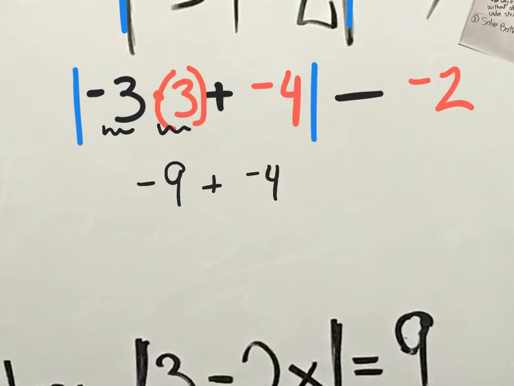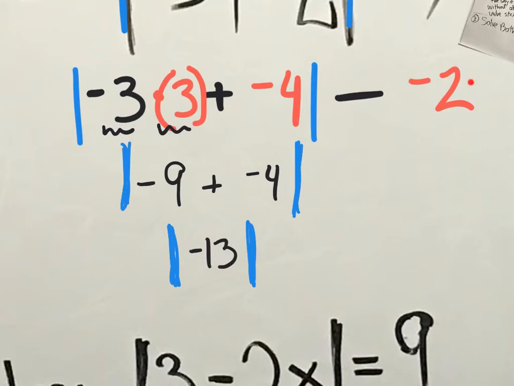And of course, we have absolute values still around this. And -9 plus -4, that's going to be -13, correct? So we have the absolute values of -13. And over here, we still have a -2. So I need to change that to a plus.